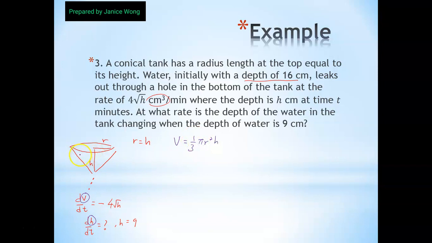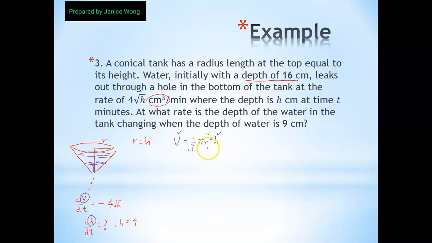When the water is leaking out from the tank, the volume is decreasing. We notice the variables are radius as well as the height together with the volume. Involving 3 variables, we need to reduce to 2.